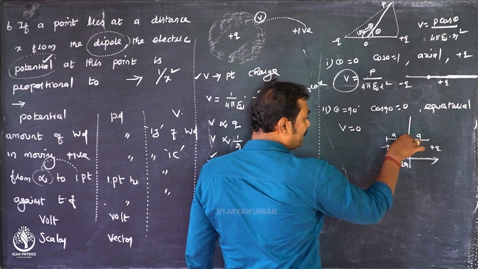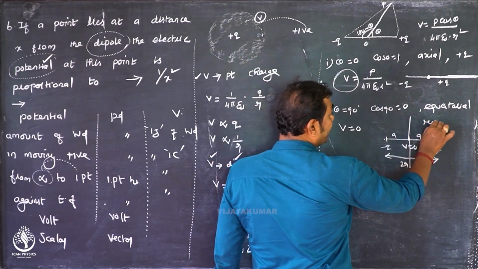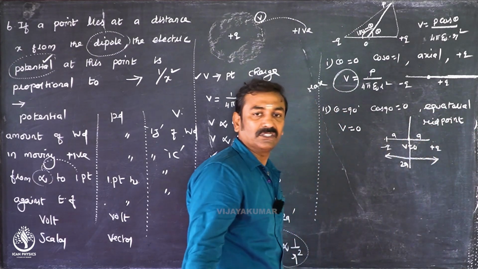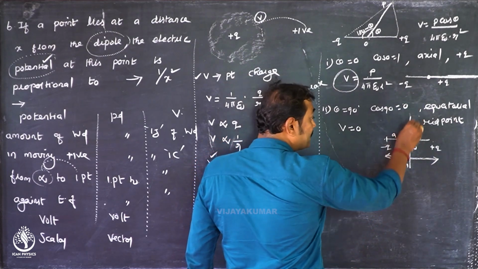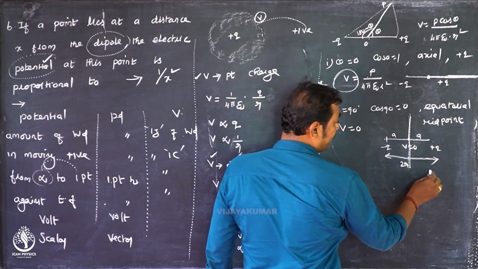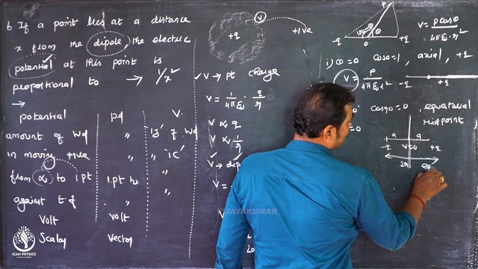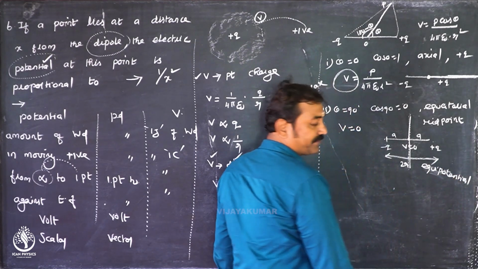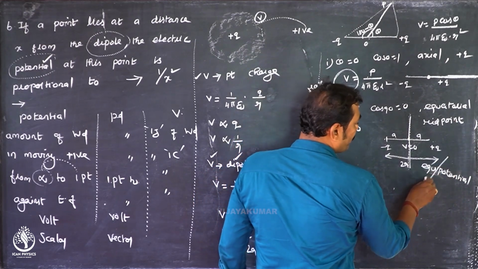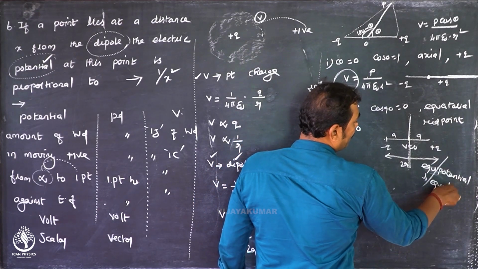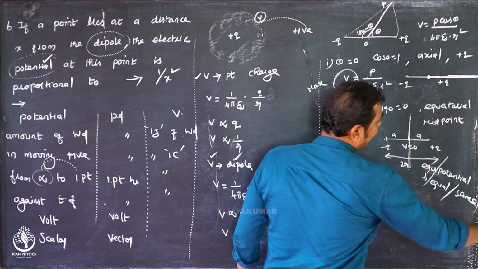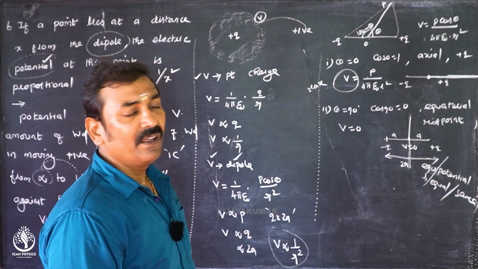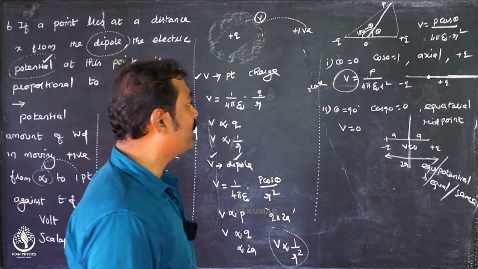So at the equal distance, or at the midpoint, the potential is 0, then that surface can be called an equipotential surface. So what is equipotential? The potential will be equal, it remains the same, when it lies along the equatorial line.